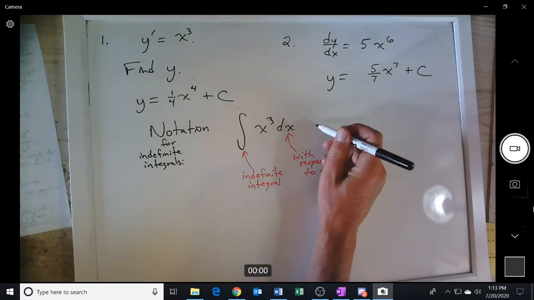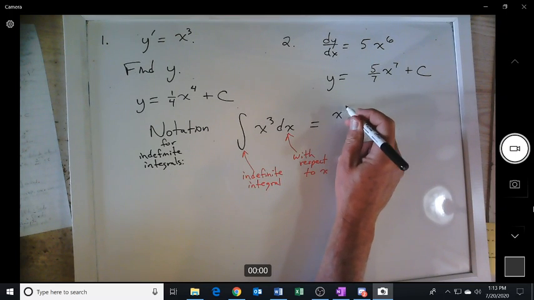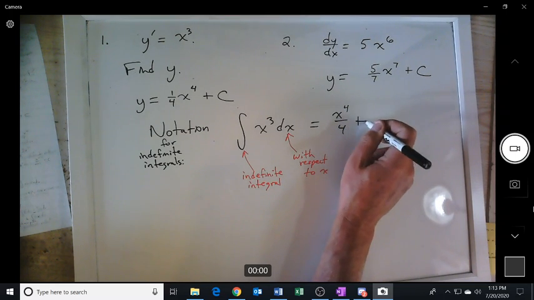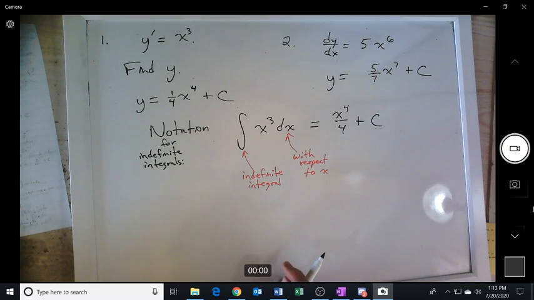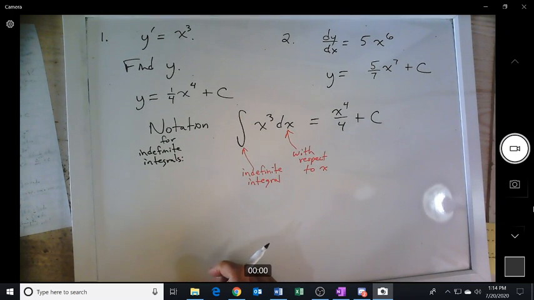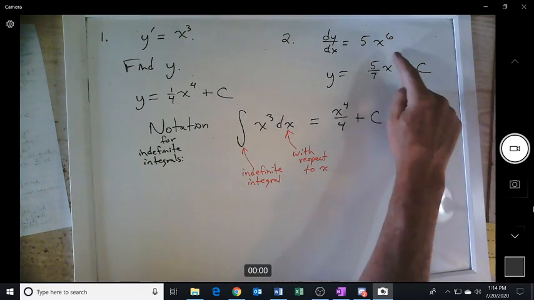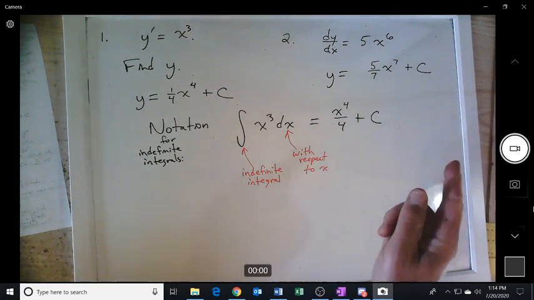And this becomes x to the 4th over 4 plus a constant, or 1/4 x to the 4th plus a constant. All right. Now, we're going to be doing lots of these, and so we don't want to be struggling every time and saying, oh, what's the function whose derivative is this?